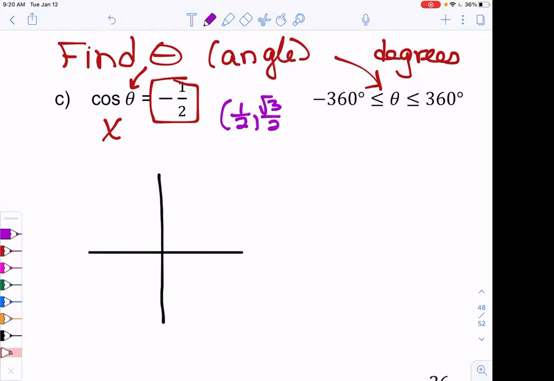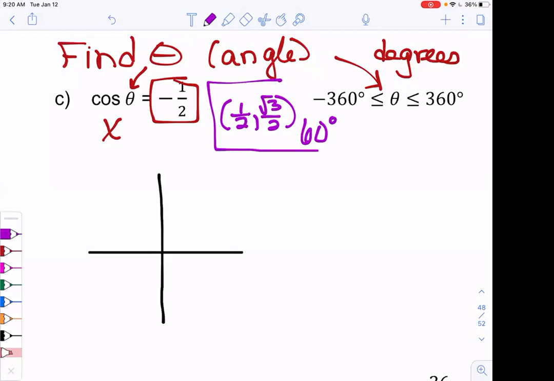Square root of 3 over 2. So that would be the ordered pair on the unit circle. Before we go and think about this, what angle in degrees, Peter, has an ordered pair of 1/2 and square root of 3 over 2? 60 degrees. So that's a 60-degree angle.